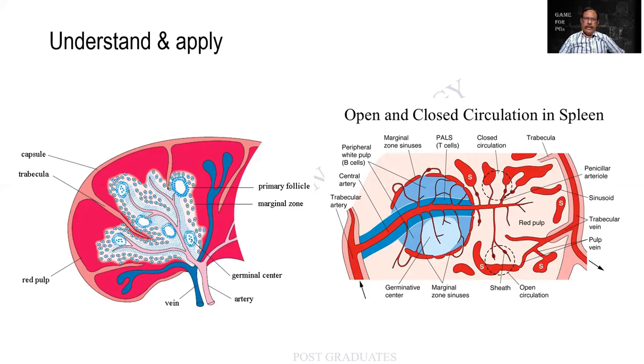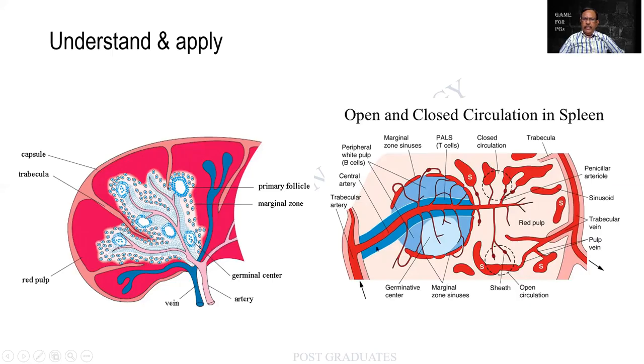And there will be relatively pale areas which are called the white pulp, where the lymphoid follicles are seen. So these are the fundamentals which we people should remember: capsule, trabeculae, red pulp, white pulp, hilum obviously.